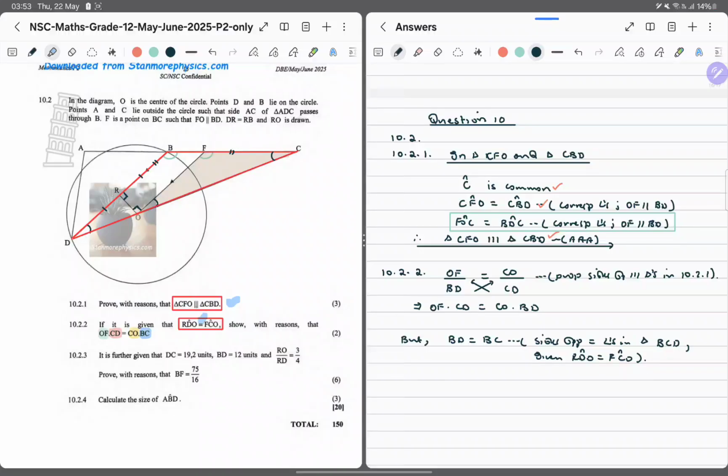Okay, so this is very nice because we can make a conclusion now that OF times CD is equal to CO times BC. Replacements. All right. So of course, folks, this is mark worthy. The cross multiplication is not a big deal, but this statement right here and the resultant replacement of what we see there. Okay, good.